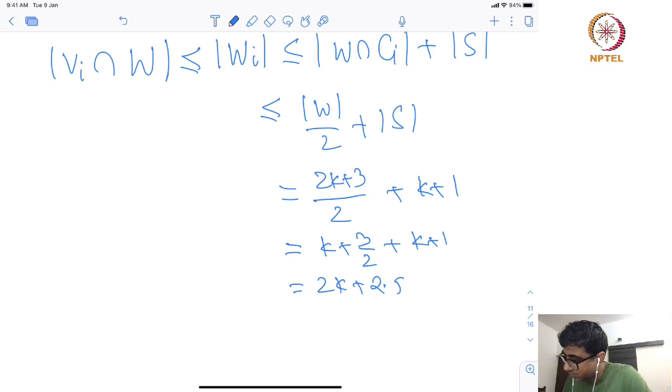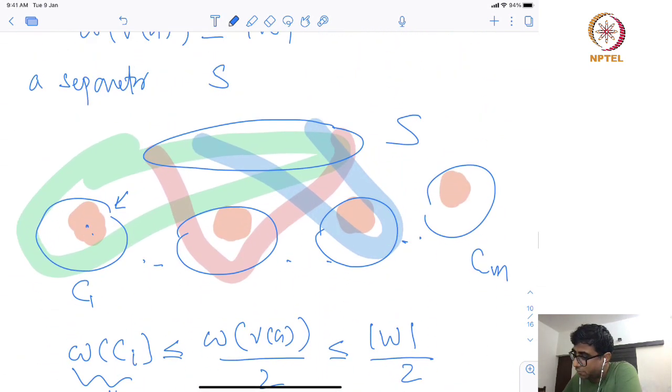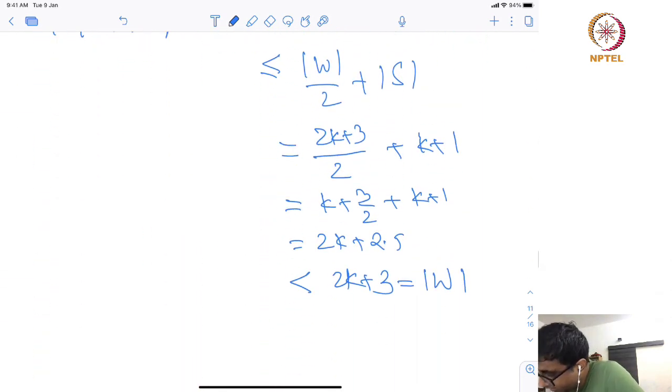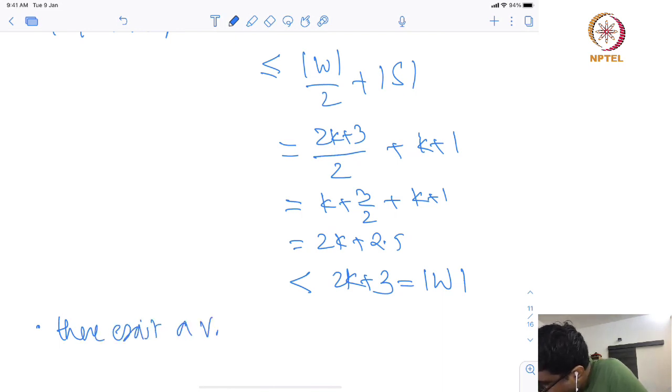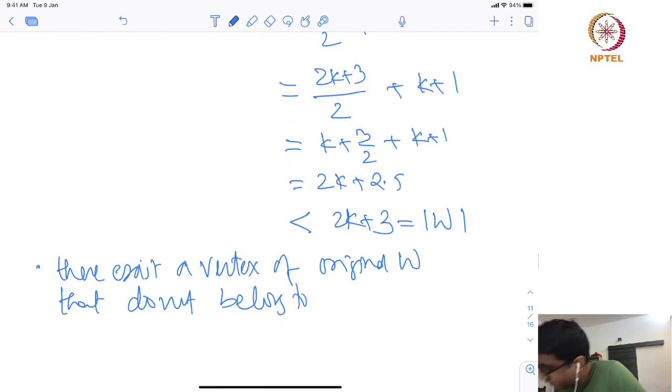So what does this imply? This is strictly less than 2k plus 3, which was equal to the cardinality of W. So what does this imply? It implies that there exists a vertex of the original W that does not belong to Vi.